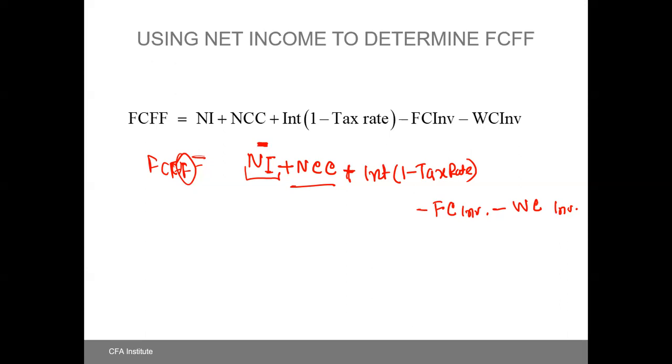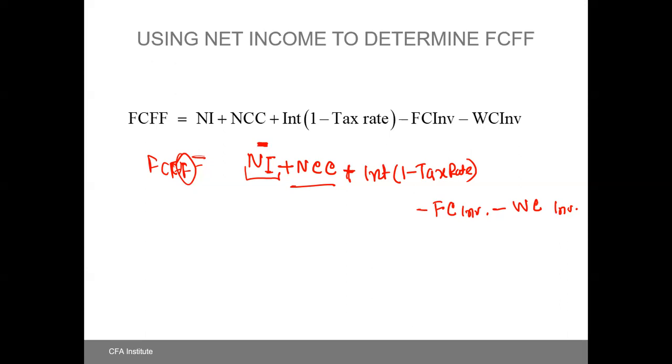That's why you want to purify the net income by making the adjustment for non-cash charges. So let's take the example of non-cash charges, depreciation and amortization. For depreciation and amortization, we have incurred no cash outflow. So that's why the non-cash charges are added back.